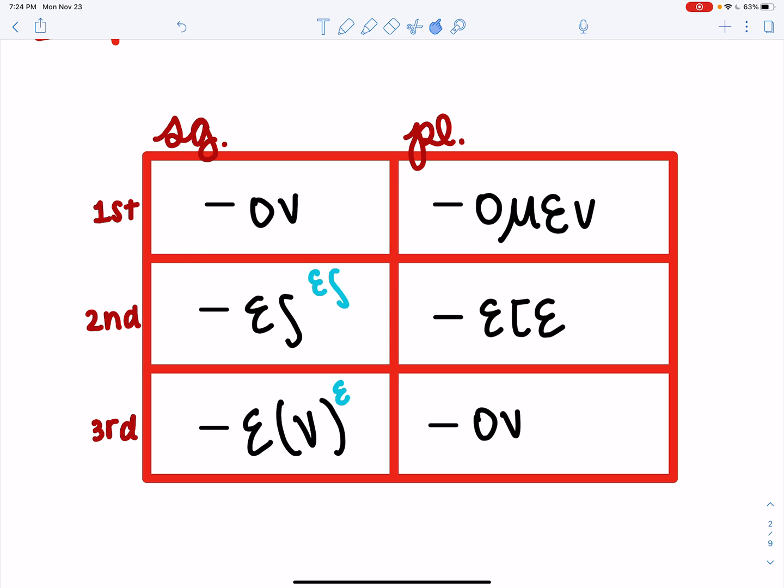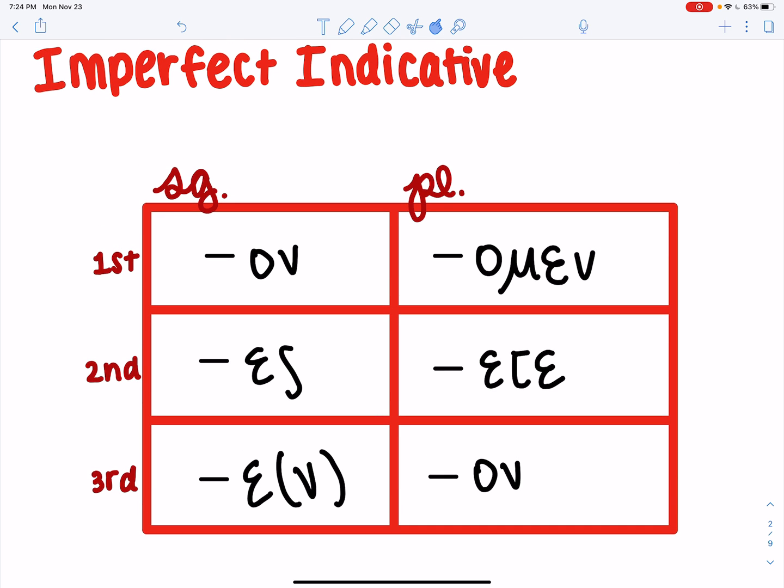All you've got to know is you take away the iota in the second and third person singular, and you've learned these two new endings for the first person singular and third person plural, and you already knew the first person plural and second person plural endings. So imperfect in terms of endings is really not too bad. You've just got a couple new ones to learn and a couple iota subtractions, I guess you could say, to remember. So that's all for imperfect endings.